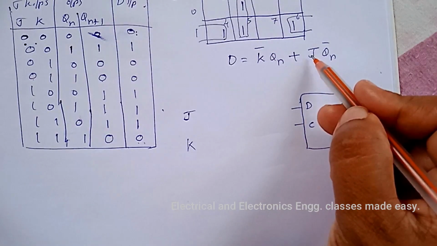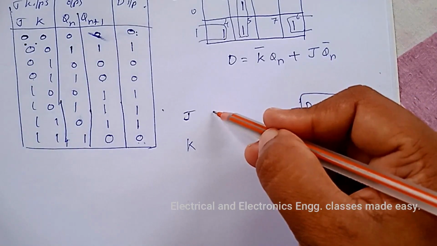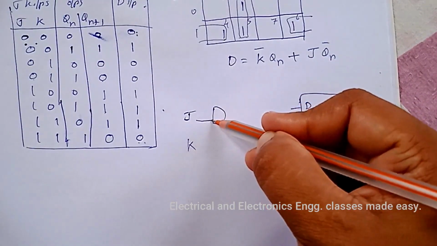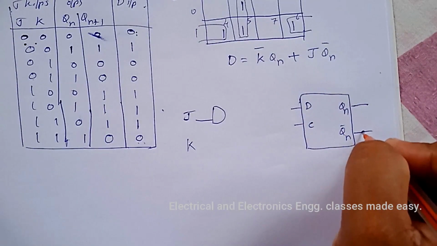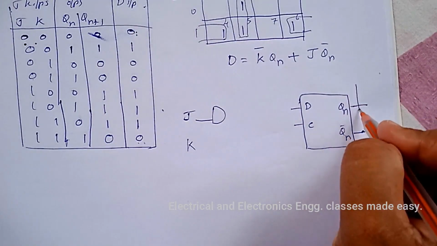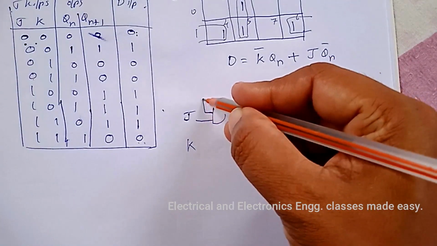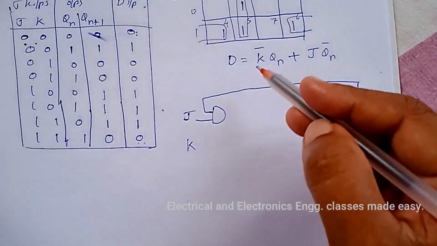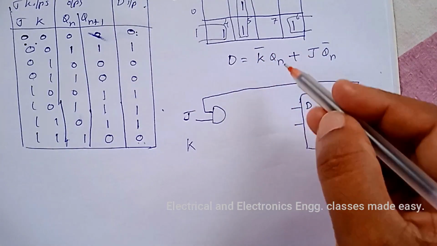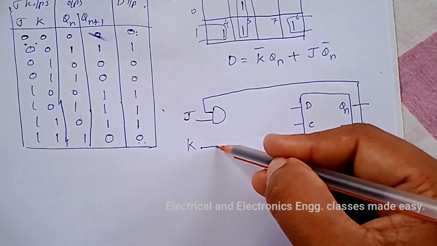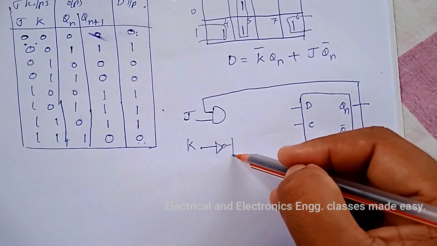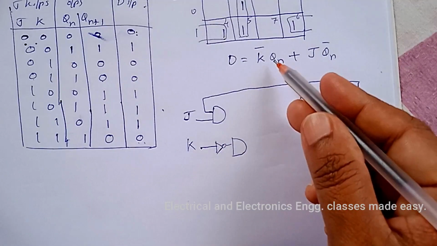So here J into Qn bar. So one AND gate is there. J into Qn bar. So Qn bar is this one. So this is J into Qn bar. Next is K bar into Qn. So K bar means one NOT gate here. Then AND gate. K bar into Qn.